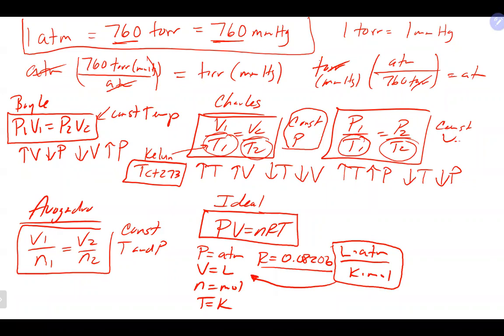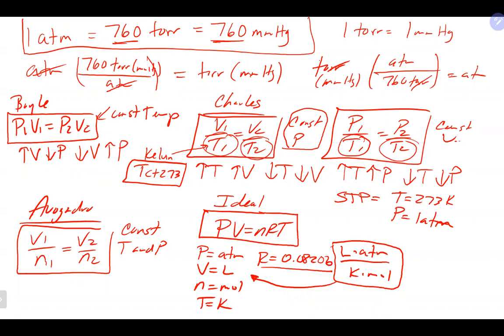We also talked about STP. STP is standard temperature and pressure. Remember that it represents a pressure and temperature value. The temperature here is 273 Kelvin, and the pressure is 1 atmosphere. If you are at that temperature and that pressure, that is referred to as being under STP conditions.